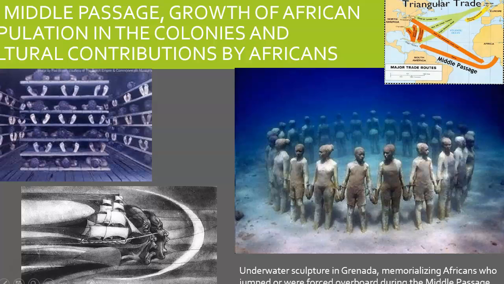A lot of times, if slaves became sick, because you have to think this cargo of slaves was money to these slave traders, and someone got sick and was spreading it to the other slaves, that slave became a liability. So many times they would throw the sick slaves overboard to preserve the rest of the cargo. And so this sculpture memorializes those slaves that lost their lives during the Middle Passage.